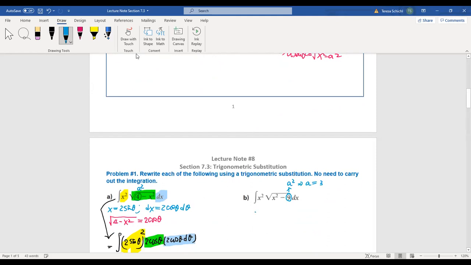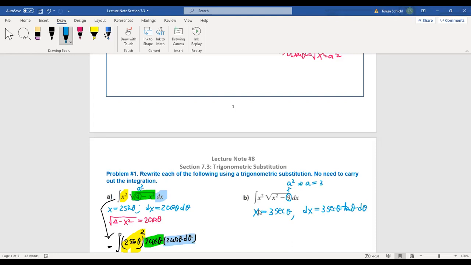So we will say x equal to, a is 3, so it's 3 secant theta. All right, 3 secant theta. And now I need to have a dx. So dx is 3 secant theta tangent theta d theta, right?